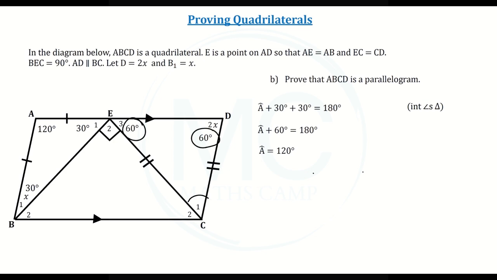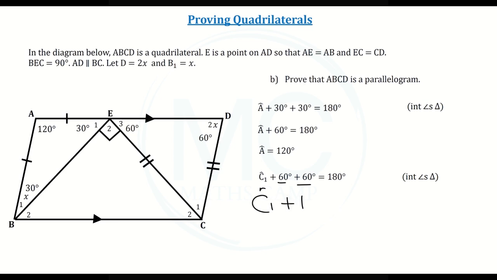So now we can say angle C1 plus 60 degrees plus another 60 degrees is equal to 180 degrees. And again, we use the reason the internal angles of a triangle. Now we have angle C1. 60 plus 60 gives us 120.